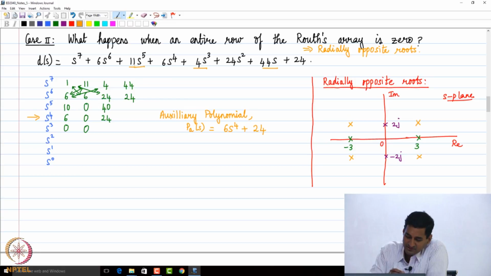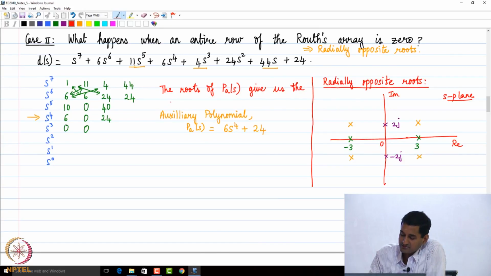It so turns out that the roots of the auxiliary polynomial give us the radially opposite roots. So if you solve for the roots of the auxiliary polynomial, we get the radially opposite roots.